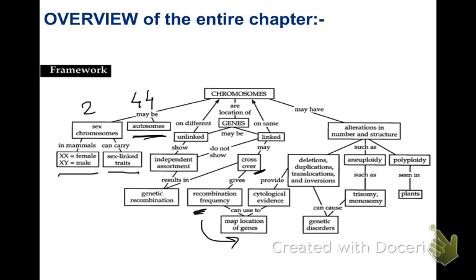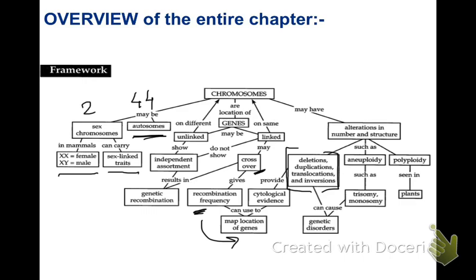Chromosomes may have alterations in number and structure, wherein you can see errors like deletions, duplications, translocations, and inversions. It gives you evidence, like if you look at the cell and the functioning of the cell, you can find out what is actually wrong and where it is wrong, and you can also map where exactly it has gone wrong.